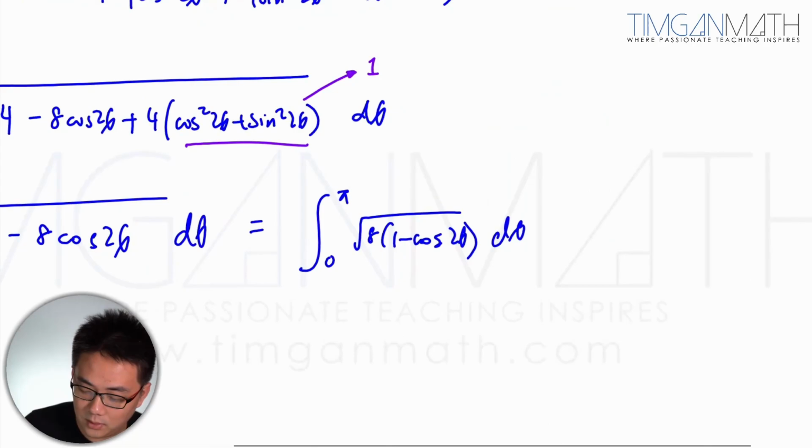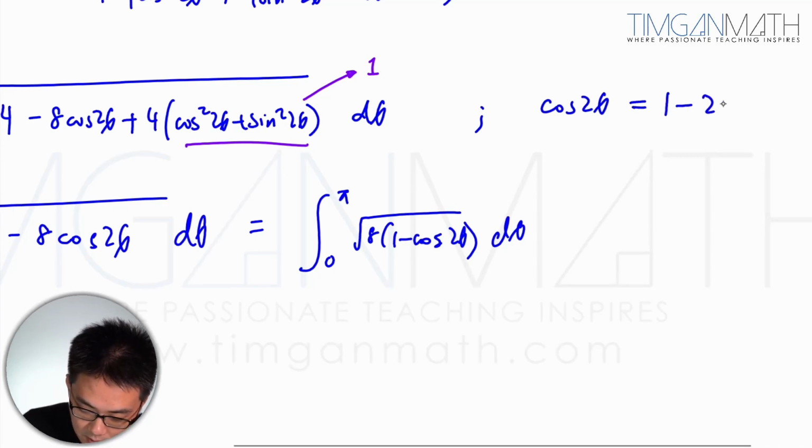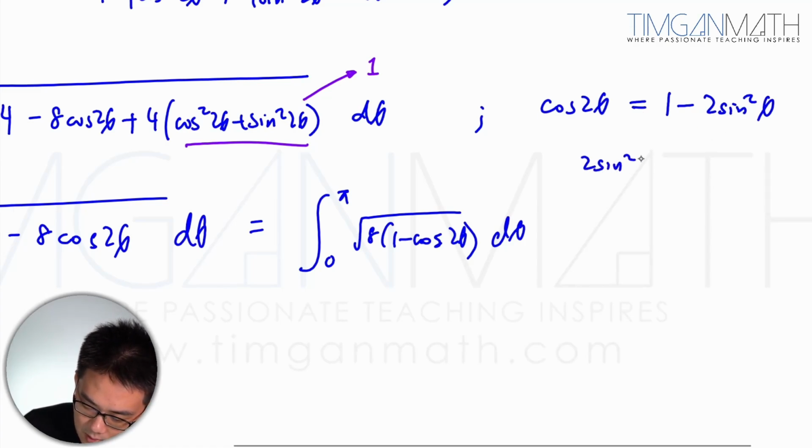Obviously 1 minus cosine 2 theta, we could change it using the double angle. Basically, 2 sine square theta is equal to 1 minus cosine 2 theta.